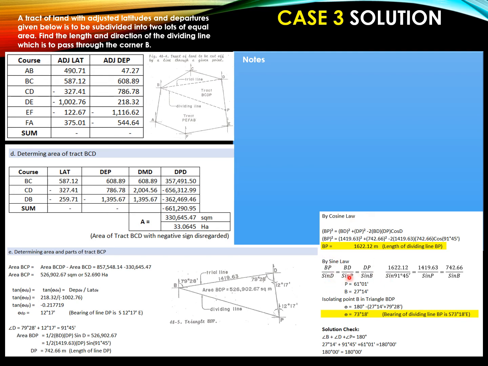And then, by sine law, we get theta, which gives us the bearing of BP. For the solution check, 180 degrees is equal to 180 degrees, which means our computation is correct. The interior angles of the triangle must be equal to 180 degrees. So, what we got is correct.